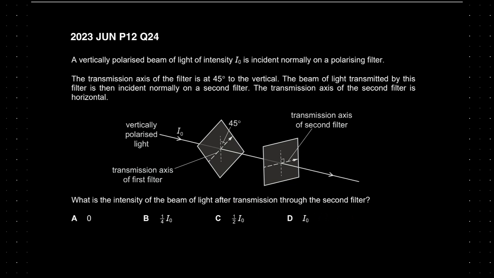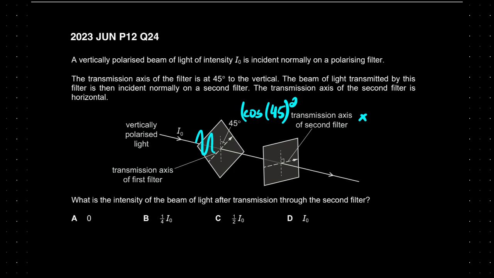All right, so we have vertically polarized light coming in. So this is the angle that the transmission axis makes with the vertical. So this would obviously be I0 times cos 45 squared, right? So this is cos 45 squared because of the first filter. And then what about the second filter?